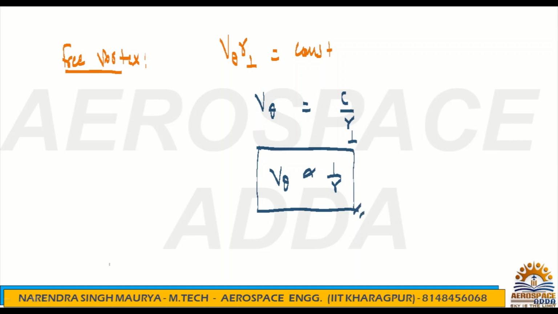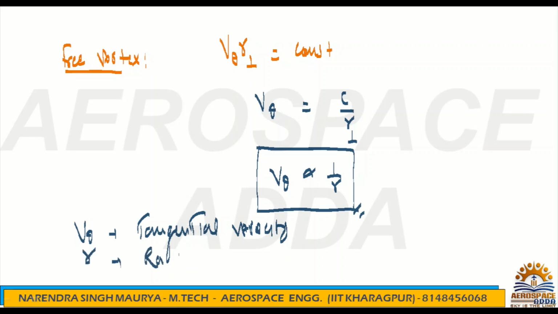This is very special. v_θ is the tangential velocity, and r is the radial distance.